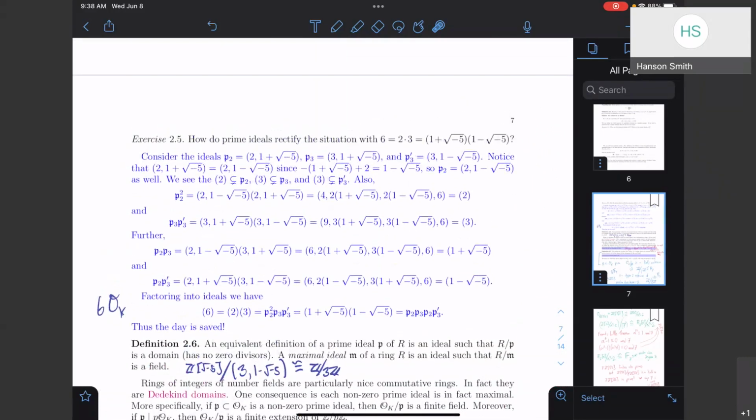Okay, so we worked through this example. We found out that 2 factors as the square of a prime. 3 factors as a product of 2 different primes.